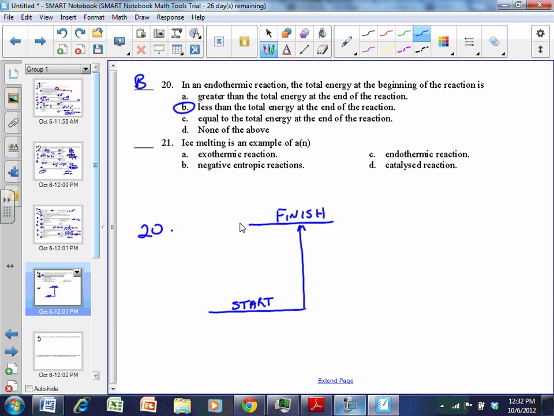21. Ice melting is an example of, okay, do you have to put energy in for ice to melt, or does energy get released for ice to melt? You have to ask, which is higher in energy? Ice at 0 or water at 0?